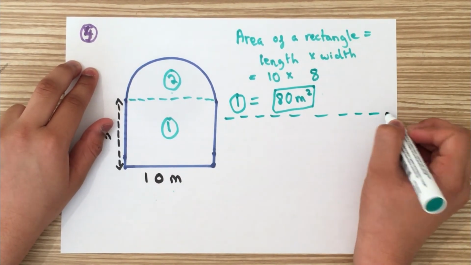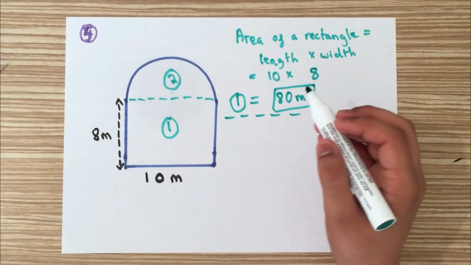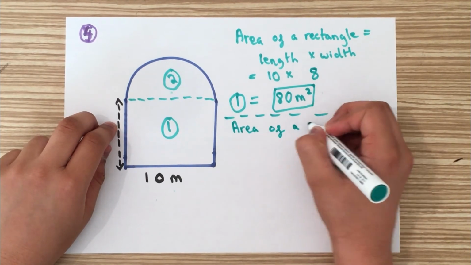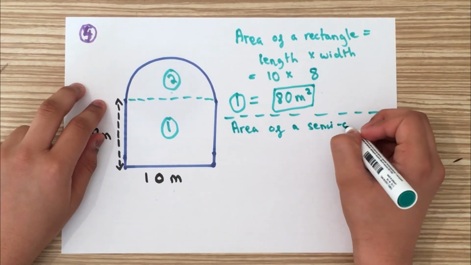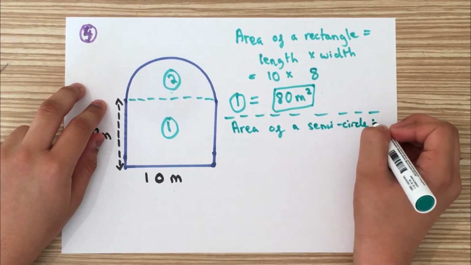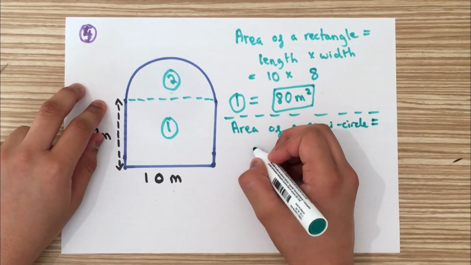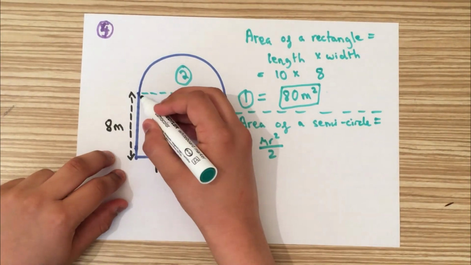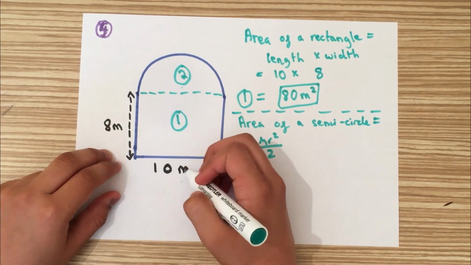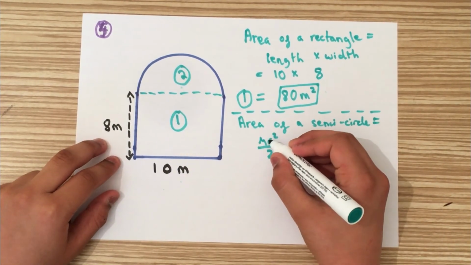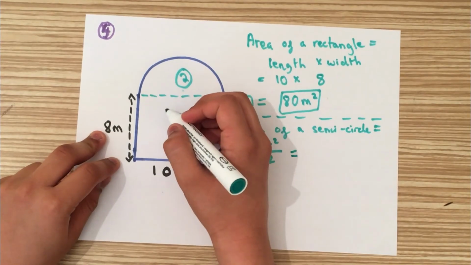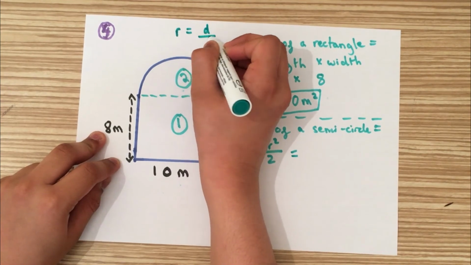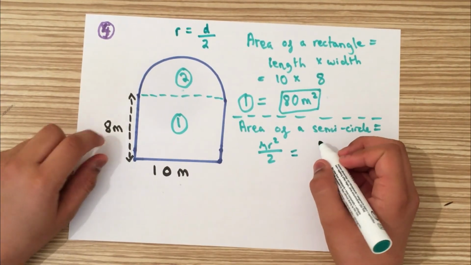Now we have to calculate the area of the semicircle. The area of a semicircle is equal to pi r squared divided by 2. Here, this length would be the diameter, which is 10 meters. We want to find the radius. The radius is equal to diameter divided by 2, so it's 10 divided by 2.